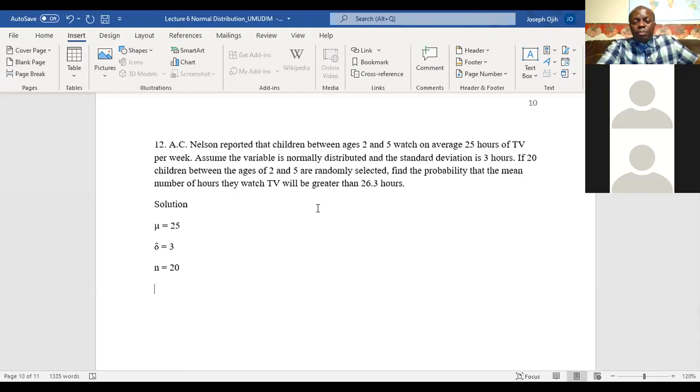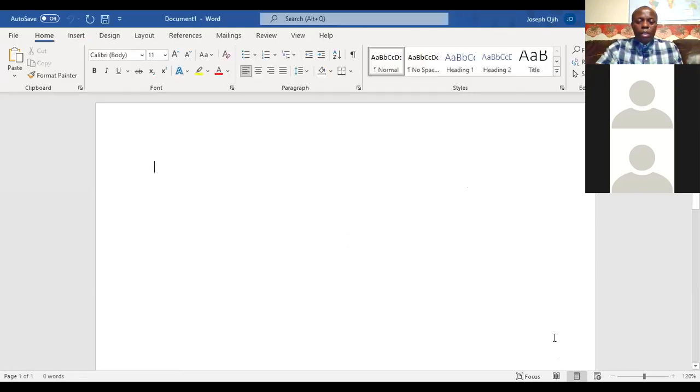You cannot get X bar from this page, so let me get it from our workbook. Excuse me, my mistake. Before I go, I want to write this down. Find the probability that the mean number of hours they watch TV will be greater than 23. So X bar is 23. Let me write this down. We have our X bar here as 23.